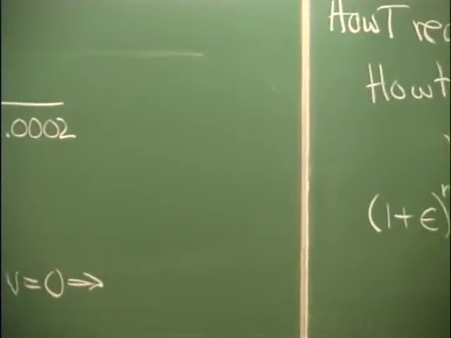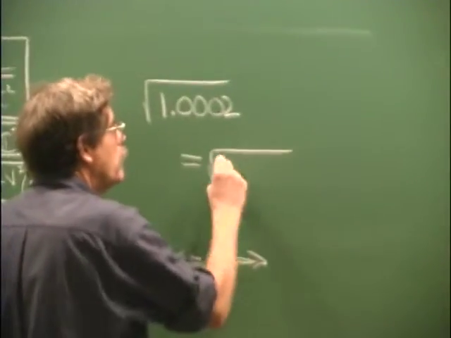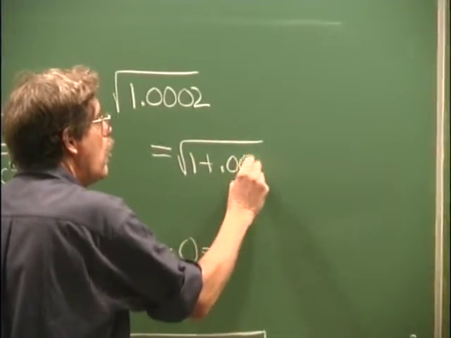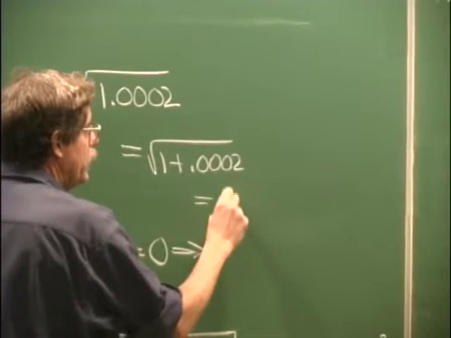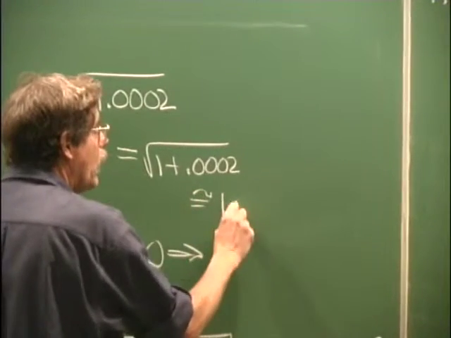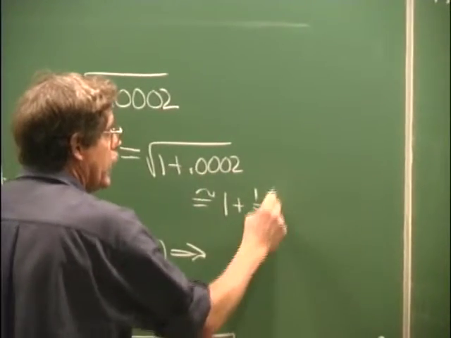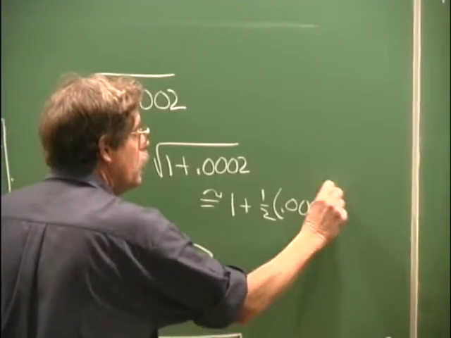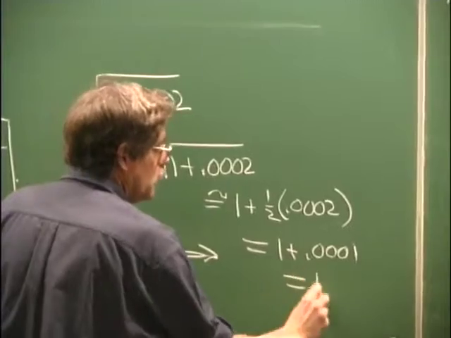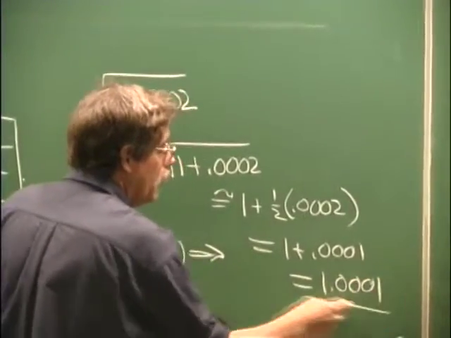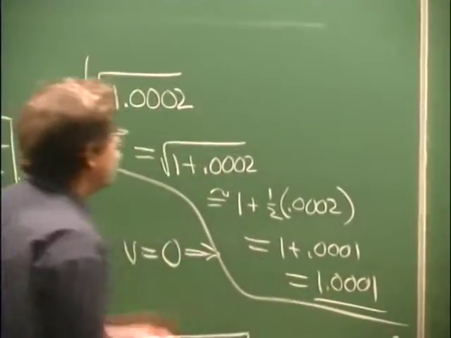You could do that in your head, because this is the square root of 1 plus 0.0002, which by that binomial theorem is approximately 1 plus 1/2 times 0.0002, which is 1 plus 0.0001, which is 1.0001. If you doubt me, check it out on your computer.